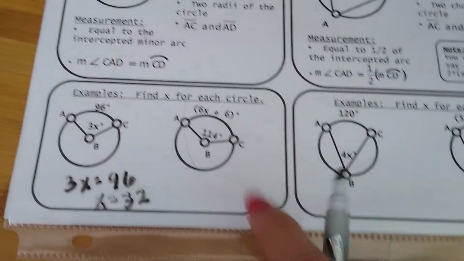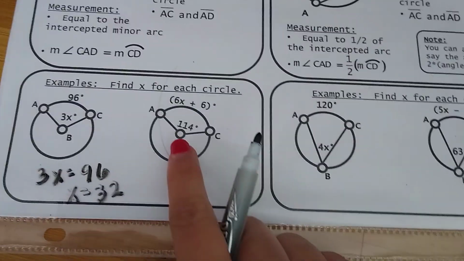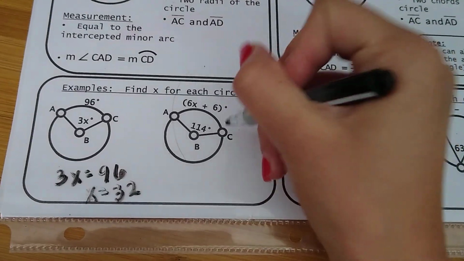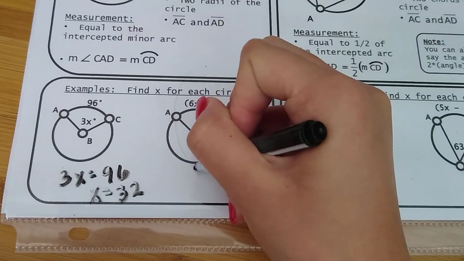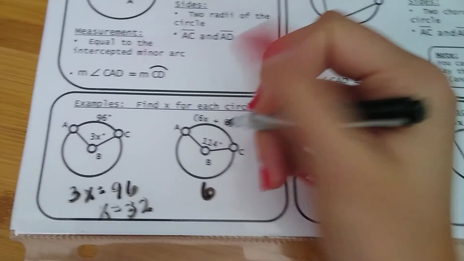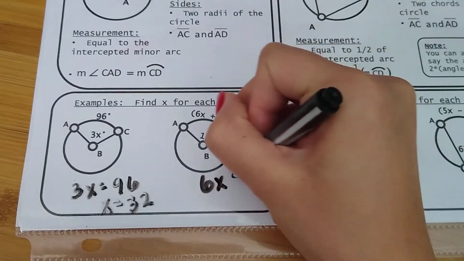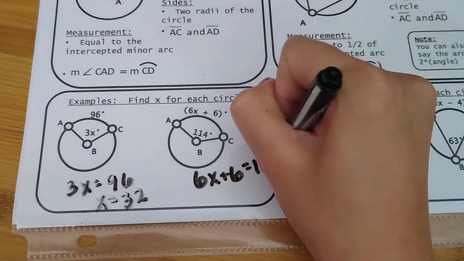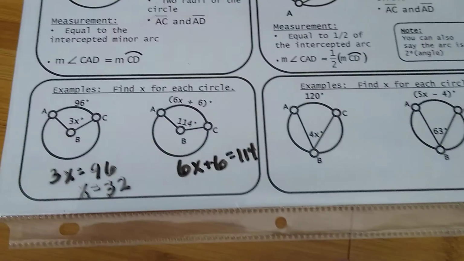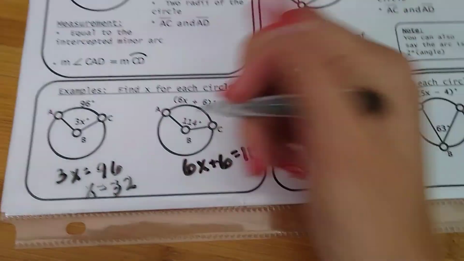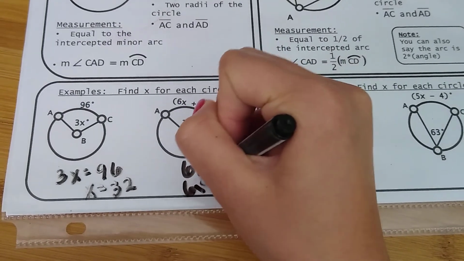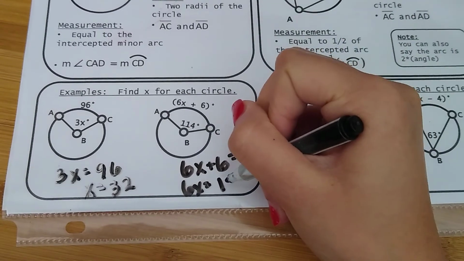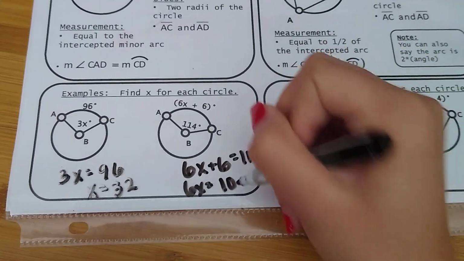So now for this one, x equals 32. For this one, we have 6x plus 6 equals 114. So I'm going to go ahead and write that. Ooh, this is a much better pen. Now I'm going to subtract 6 from both sides, and I get 6x equals 108.